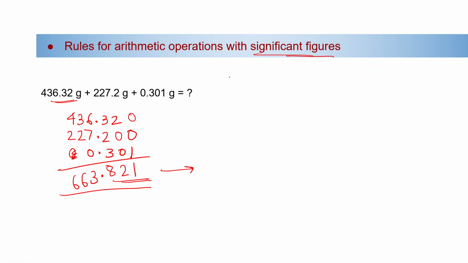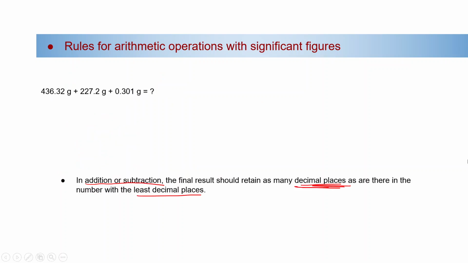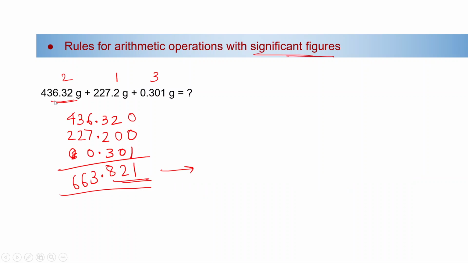Okay. So here the number of decimal digits is 2. Here the number of decimal digits is 1. Here the number of decimal digits is 3. So we have to consider the least decimal place, which is 1. We have a quantity with 1 decimal digit.